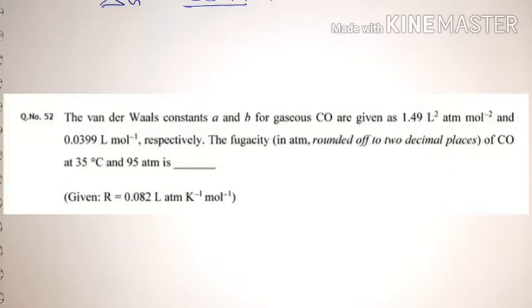The fugacity in standard atmospheric pressure, rounded off to 2 decimal places, of carbon monoxide at 35 degrees centigrade and 95 standard atmospheric pressure is, where R is 0.082 liter into standard atmospheric per Kelvin per mole. So friends, we have a value of a and b, and by these values we must find the fugacity of carbon monoxide gas, and the temperature is 35 degrees centigrade and pressure is 95 atm. So let's do the solution of this question.